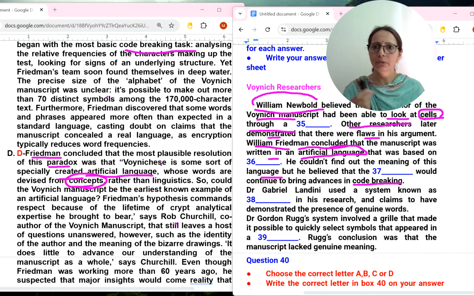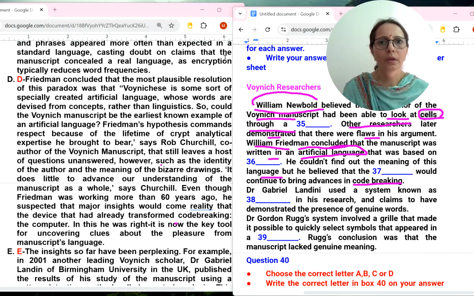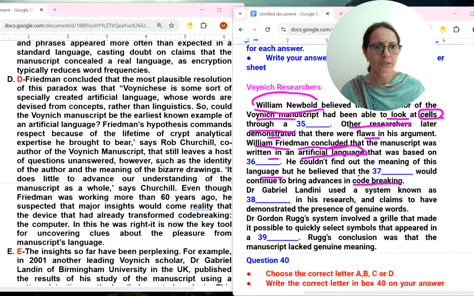Okay, so shall we move ahead? He couldn't find out. So here also let me read the first paragraph. This paragraph, respect brought. Some other person they have started talking about, but yes, we have to move to the upper paragraph. Okay. No, it was not there in the upper paragraph. So here I will read this paragraph first, then we will try code breaking.